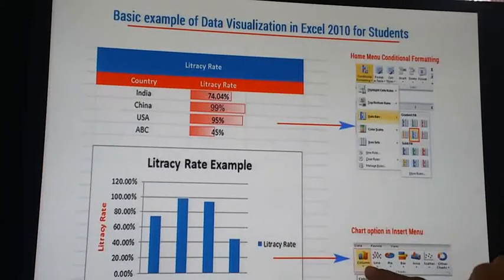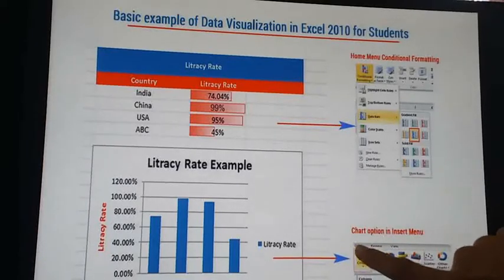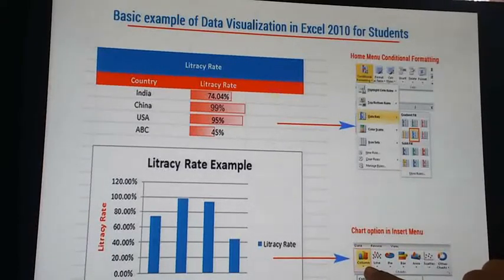So a chart options section is there. Now in Excel, just click data, then the column option, click column chart, and choose one chart, or line chart, pie chart, bar chart, area chart, scatter chart, and other charts are available. We can use any chart.